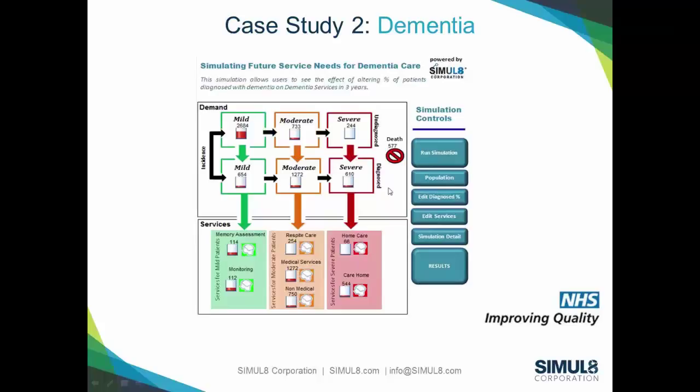What happens if I implement the best practice? What's it going to look like in the future? What resources will I need? What are the financials? What are the patient weights? What are the patient outcomes?